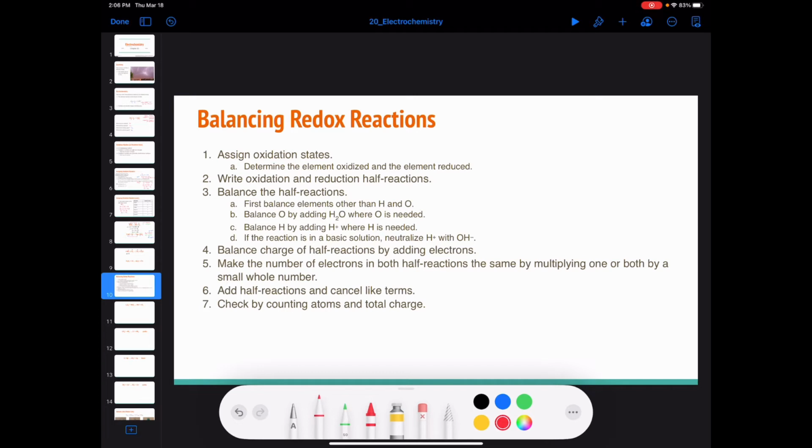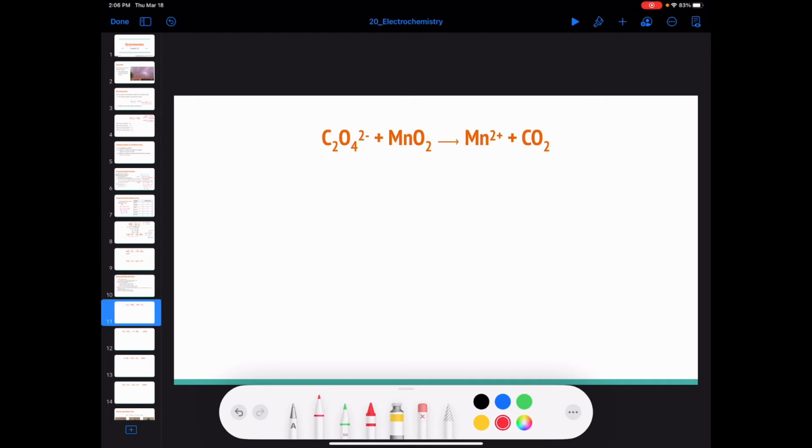But if it specifically mentions that it's in basic solution, then we have to neutralize our hydrogen ions with some hydroxide. I'll show you how to do that. And then you add in some electrons, and then we're going to possibly have to multiply our half reactions by something in order to make them balance. Then you add them up to make sure they cancel, and then you just check yourself, right? So 7 steps, kind of weird, let's practice.